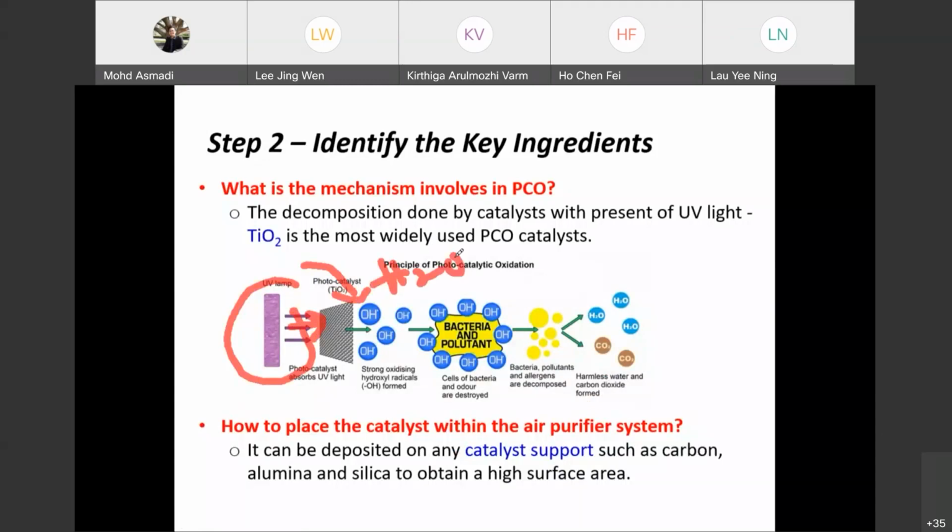So this will cleave the H2O bonds. Once we cleave the H2O bond, we produce OH radicals, hydroxyl radicals. Okay, that is the reaction.